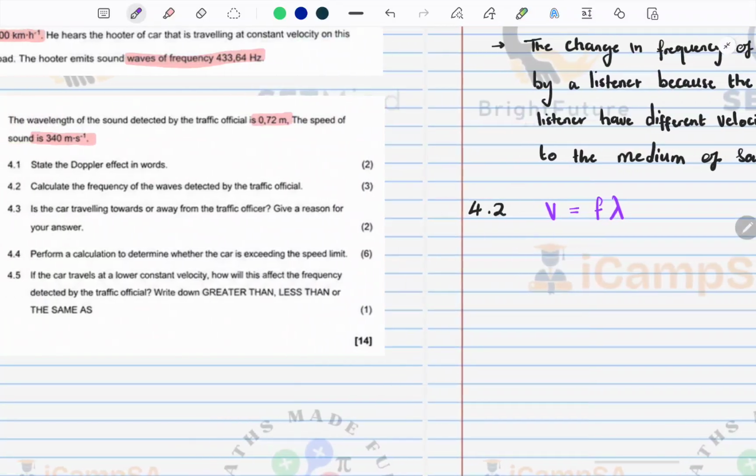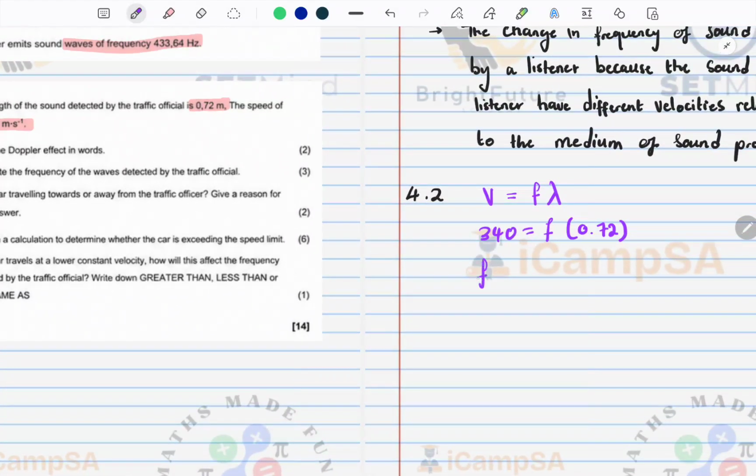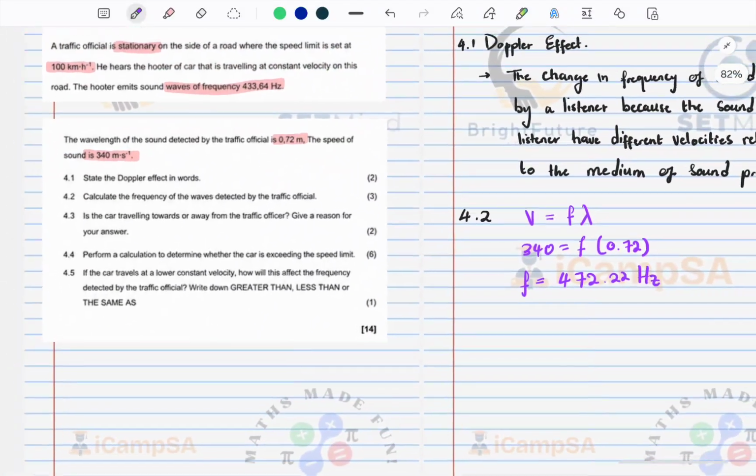The velocity of sound is 340 meters per second. The frequency that we're looking for, then, is 340 divided by 0.72. Let's punch our calculator. The frequency that I'm getting is 472.22 hertz. This is the frequency that is detected by the traffic official, right?